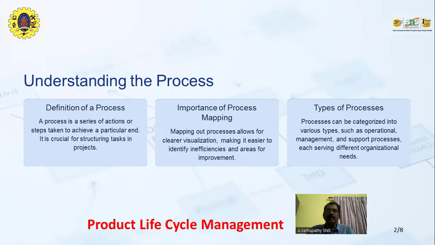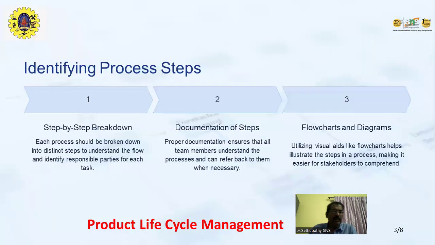We map the product process into visualization areas so that it becomes clear to identify where we are lagging and what types of processes we are using in manufacturing systems. So these are all the common things we use.